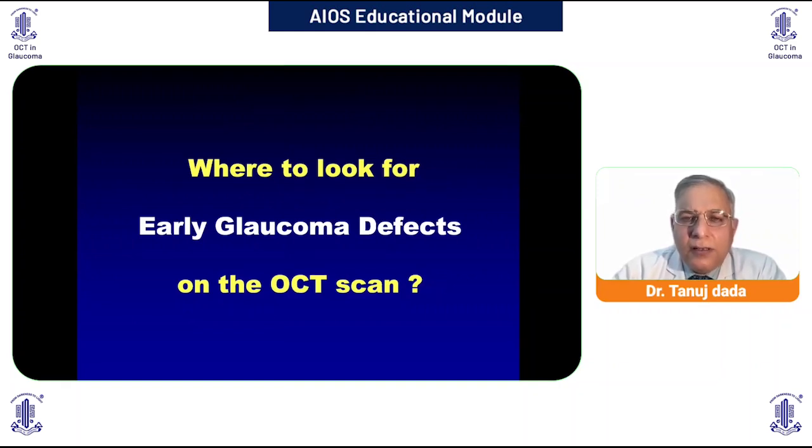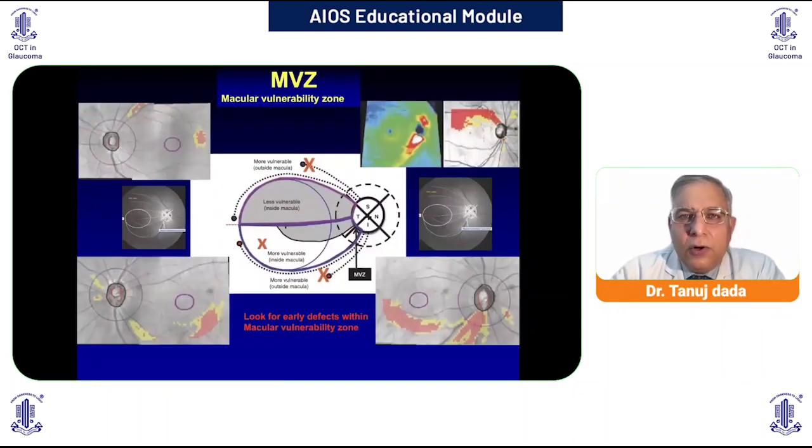The next important thing is that many times you can get red areas on the OCT. So where to look for early defects on the OCT scan? And here I want to highlight a concept known as the macular vulnerability zone.